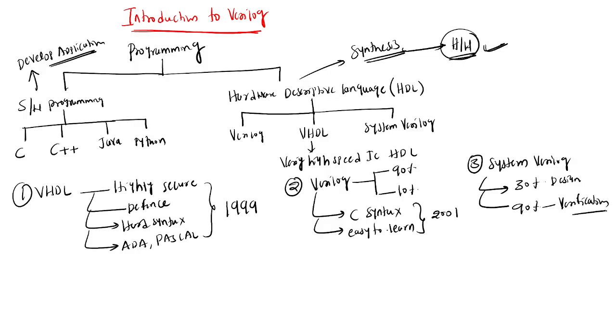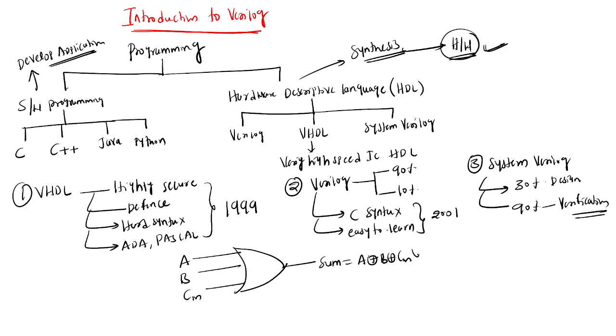Whenever you write code, you need to verify that your circuit is working properly. Suppose we already saw the full adder circuit. With the truth table, I verified that sum equals A XOR B XOR C and carry equals AB plus BC plus CA.